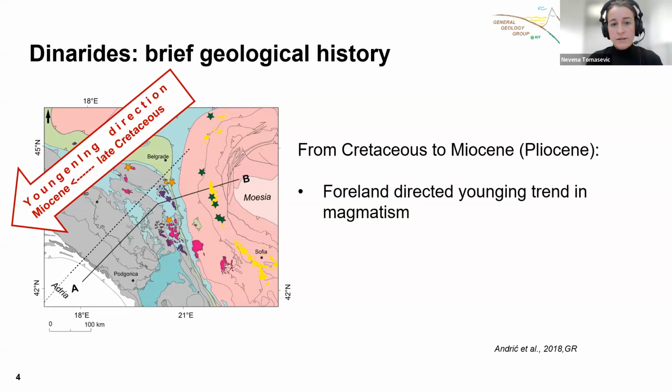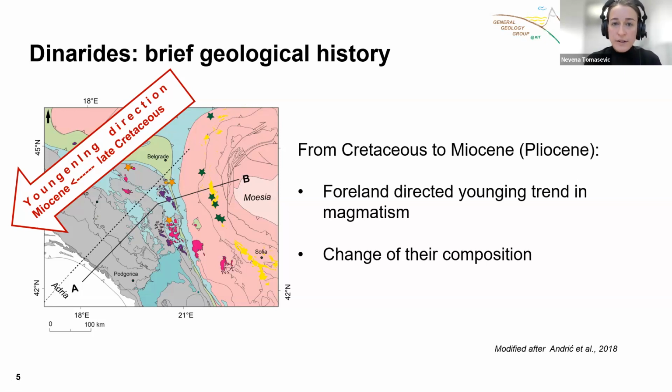What is interesting is that the magmatic products were more or less parallel to the orogen, and they show youngening trends, and also a change of their composition, including more crustal material towards the foreland. In addition, we also see thrust propagation towards the foreland and youngening of associated basins.